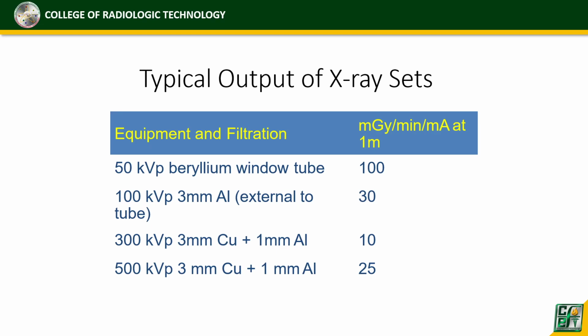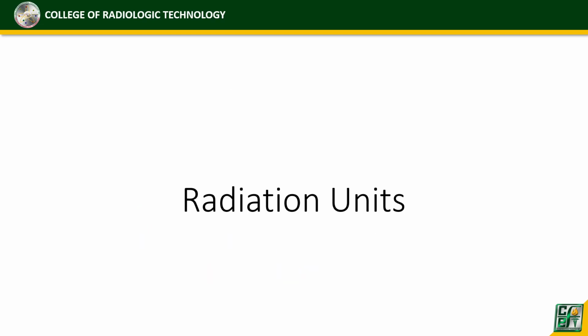So, yung sa 300 kVp, 3 mm ng copper plus 1 mm of aluminum yung kanyang filter, compared sa 100 kVp na 10 mm aluminum. So, mas mababa yung pinoproduce na exposure ng 300 kVp with 3 mm copper plus 1 mm aluminum filter.